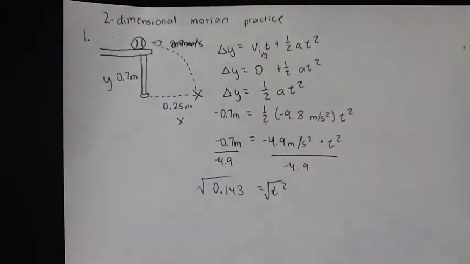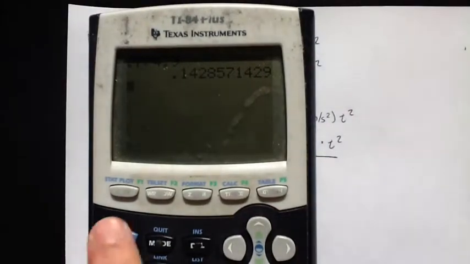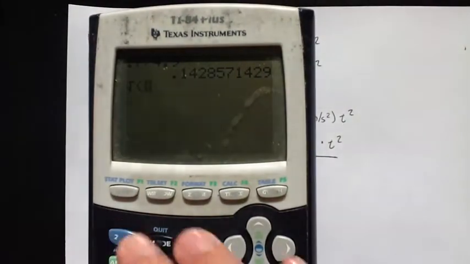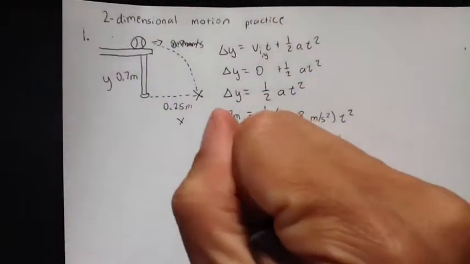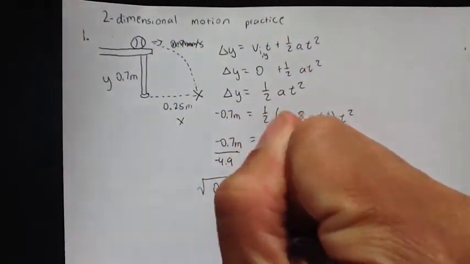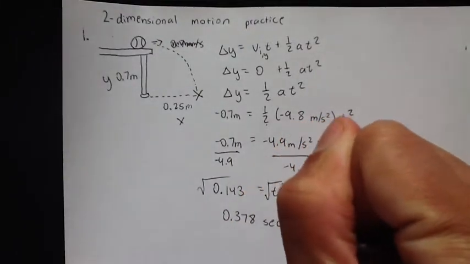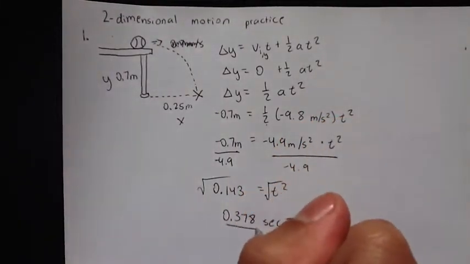Square root both sides, and my answer is 0.378. Since that's time, that means the ball has been in the air for 0.378 seconds.